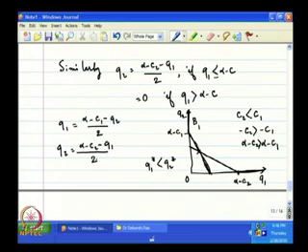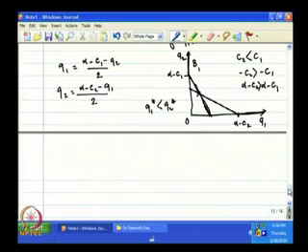If we solve these two equations simultaneously, we get the Nash equilibrium, and solving them we get the following, that Q1 is equal to alpha minus C1 divided by 2 minus half of alpha minus C2.